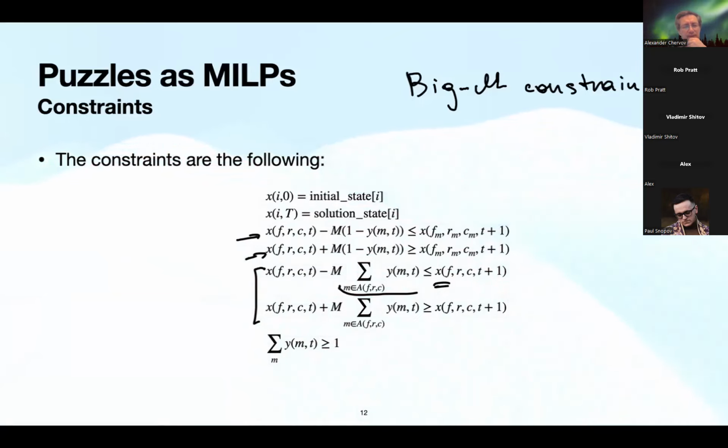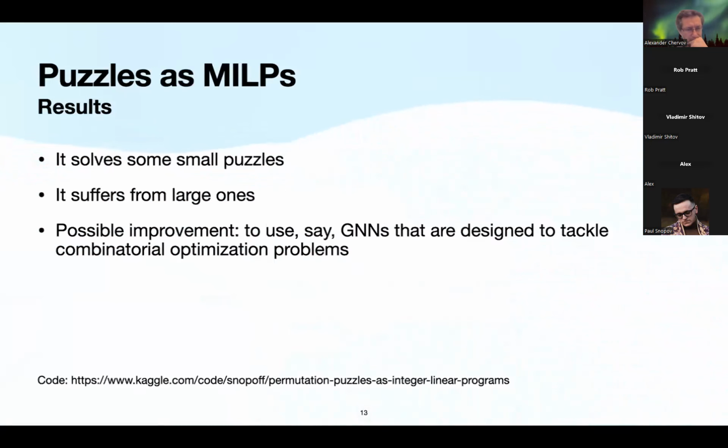Okay, thank you. But still, the idea is interesting, because I put it in the last slide on this topic: we can probably improve the speed of the solution. We can probably improve the way we solve these puzzles with neural networks designed to tackle problems in combinatorial optimization. There are a lot of papers on that; some keywords are NN4CO, I guess.